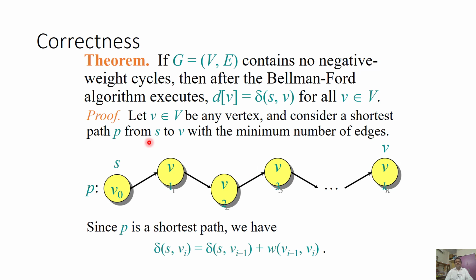Let us take an arbitrary vertex v, a small v from capital V, and let us take a shortest path P from s to v, visiting some vertices v1, v2, v3 like this. Then we have delta of s comma vi, for any arbitrary vertex, equal to delta of s comma vi minus 1 plus w of vi minus 1 to vi.